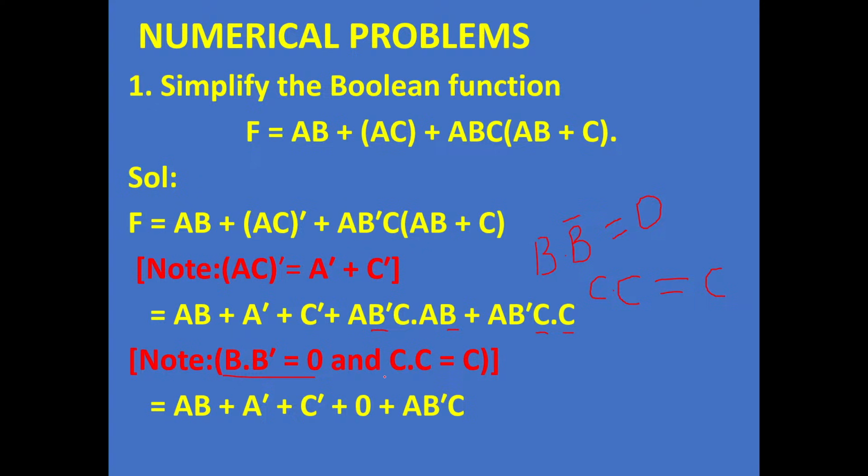B into B bar is 0, C into C is C. So this whole term will become 0, and C into C is C. Just copy AB as it is, then A bar, C bar. This whole term has become 0, write 0. And here C into C is C, so A, B bar, C.